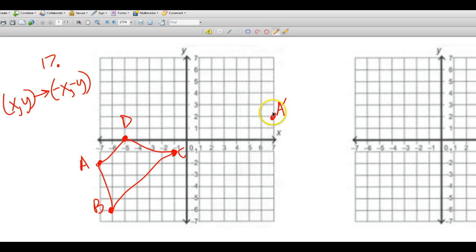B is -6, -6, which becomes 6, 6. C is -1, -1, which becomes 1, 1. D is -5, 0, which becomes 5, 0.